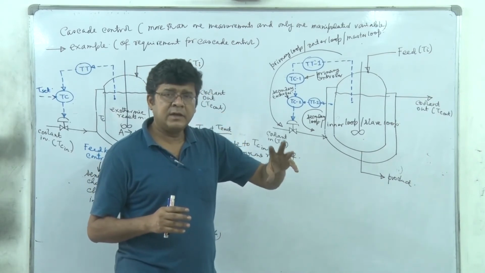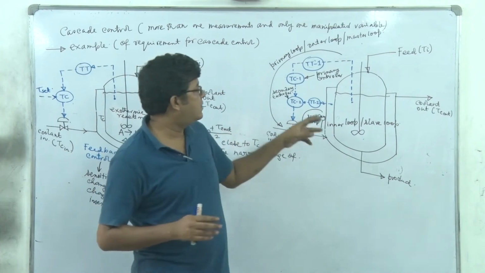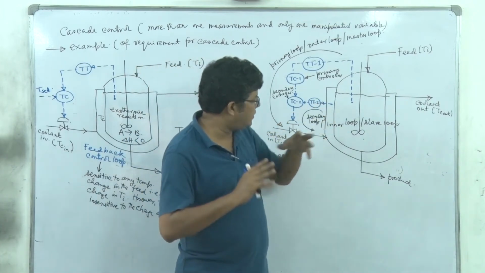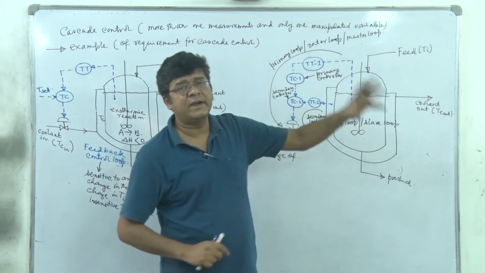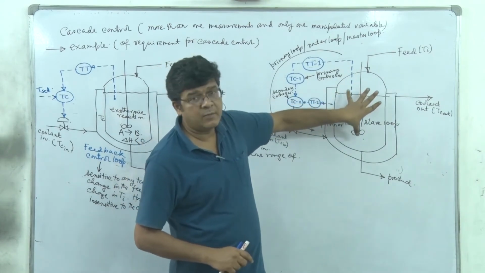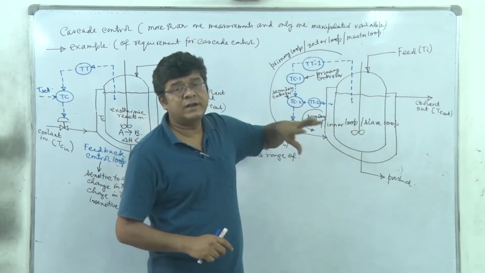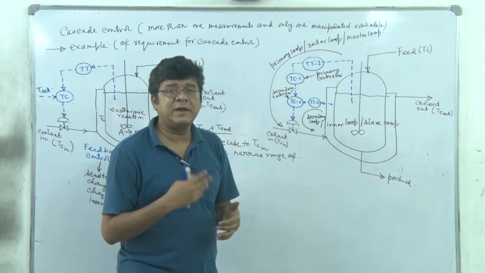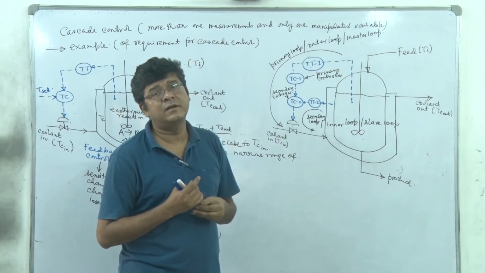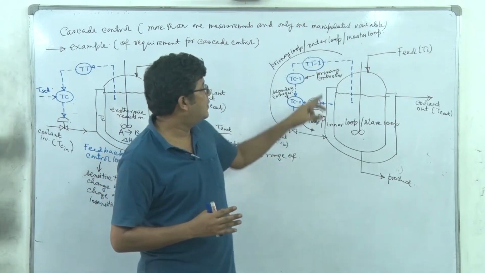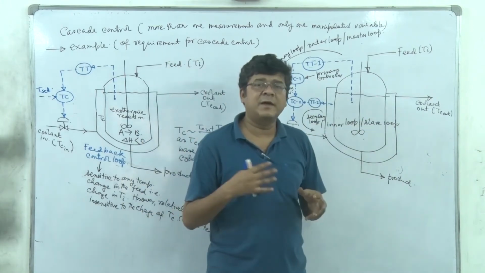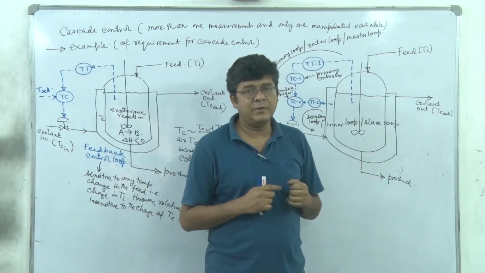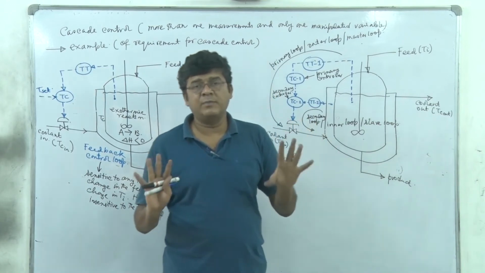This heat withdrawal rate affects the process temperature, right? So the reaction and the respective thermal aspect is the primary process, whereas the coolant circulation and the respective heat withdrawal is the secondary process, and these two are coupled.